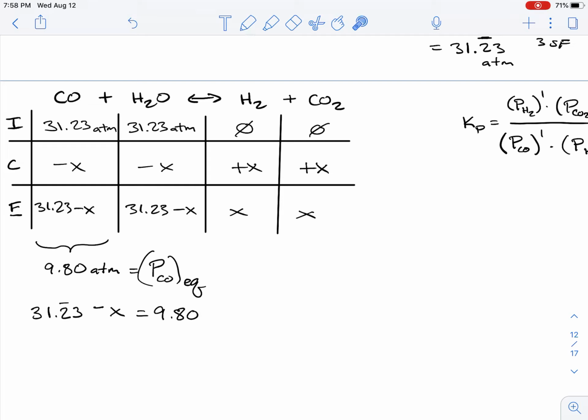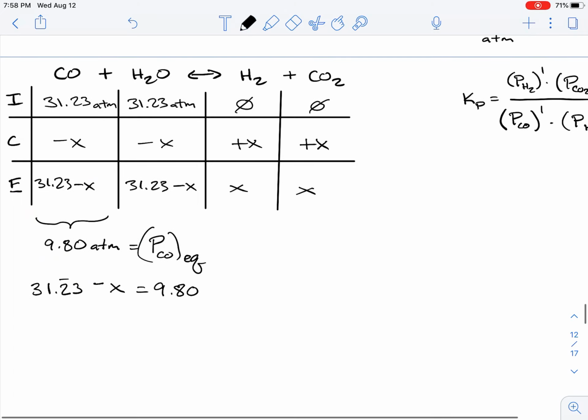Okay, so once again, the idea is that if this is the partial pressure of carbon monoxide at equilibrium, and if this is the mathematical expression for the partial pressure of carbon monoxide at equilibrium, then both of these must be equal to each other.